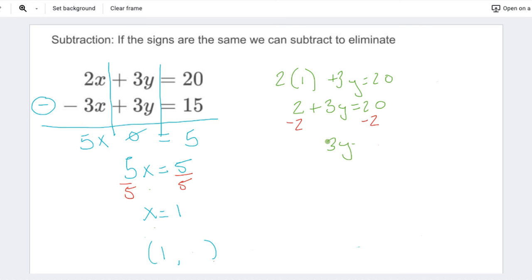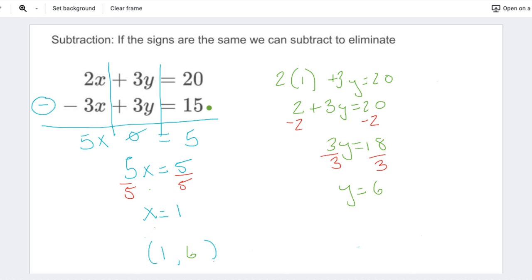So 3y equals 18. And let's just divide by 3. So y equals 6. If we substitute the 1 and the 6 back in, 2 plus 18 is 20. And negative 3 plus 18 is 15, so we know we're correct.